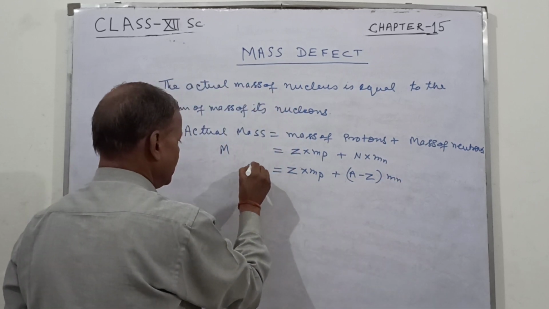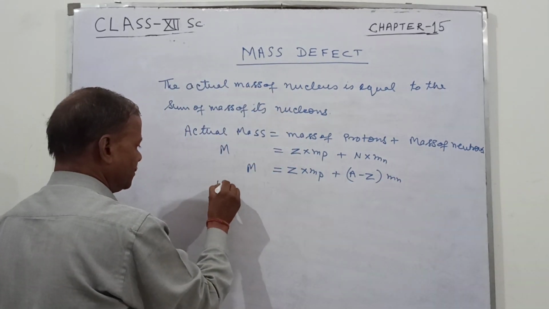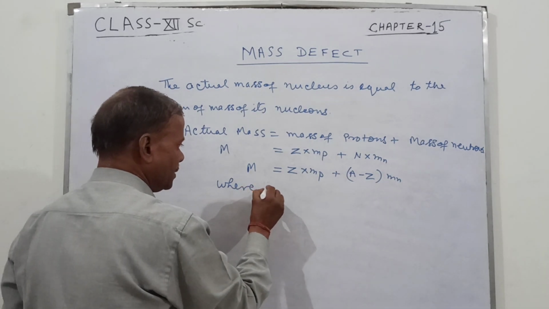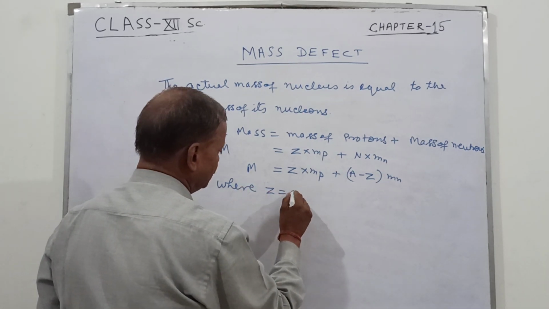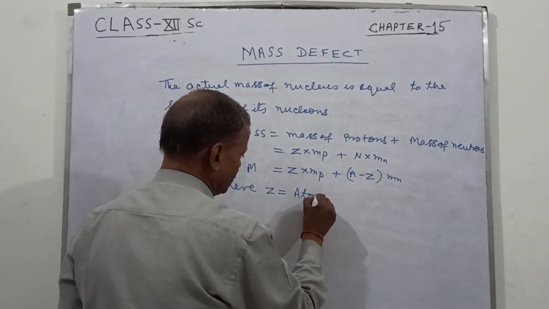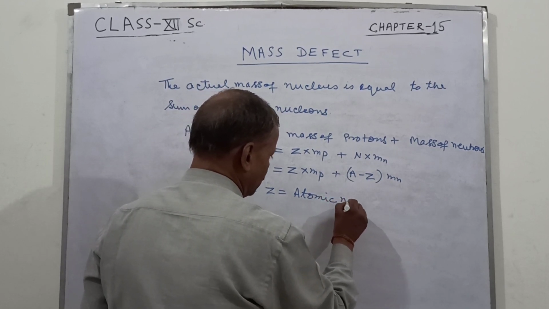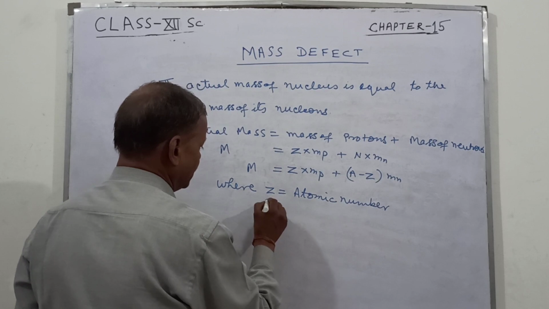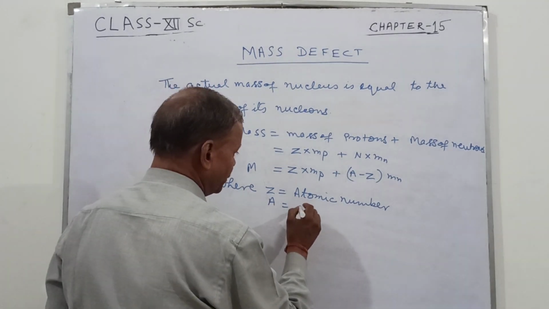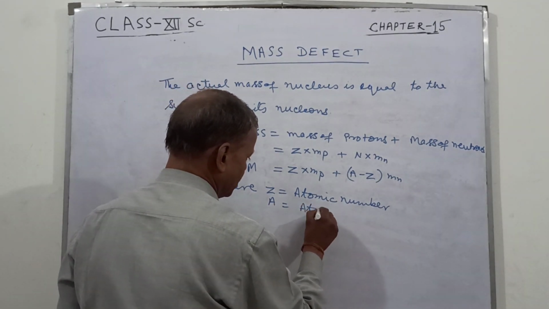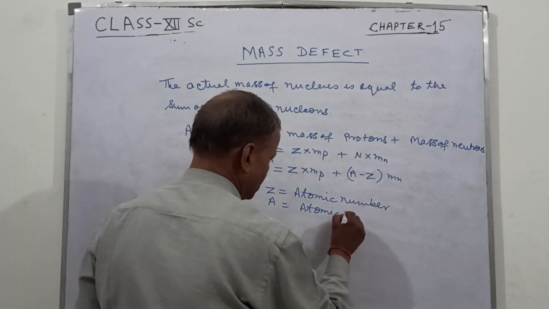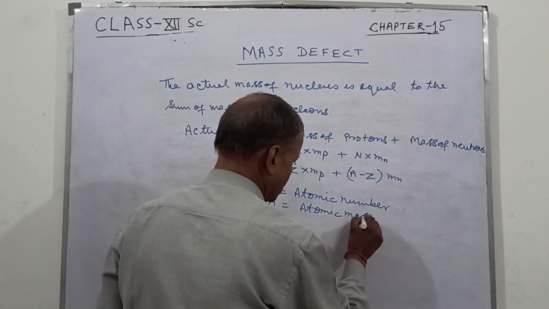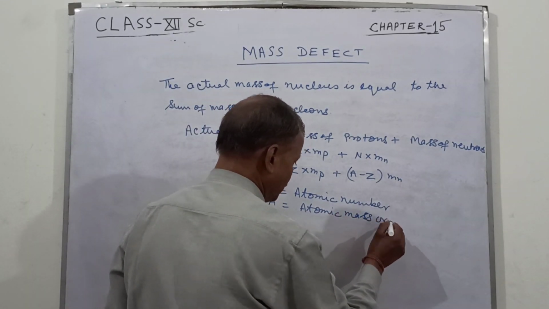This is equal to M, where Z is the atomic number and A is the atomic mass or mass number.